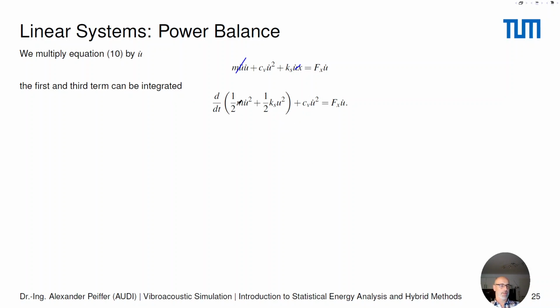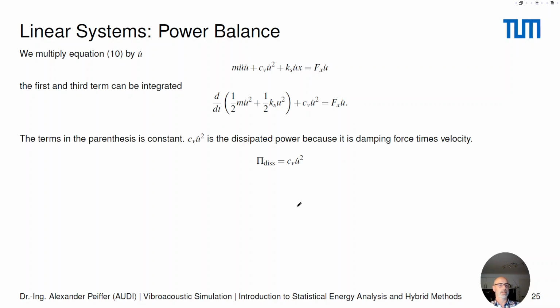So we know that this is the total energy, and that's constant. That means this is 0, because the time derivative of this will be 0. So we will only have those remaining parts, and these remaining parts are a kind of power balance. Power balance of the dissipated power here, given by this term, and by the introduced power, which is given by this term here.